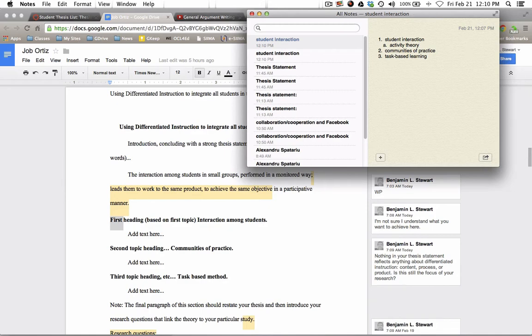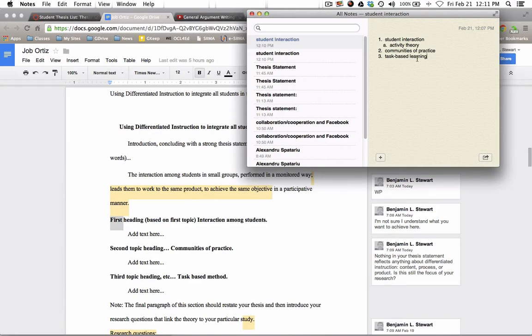Yes. It's too wide, so I'm taking just what I need for the interaction among students. Then community of practice by Wenger, and task-based learning.